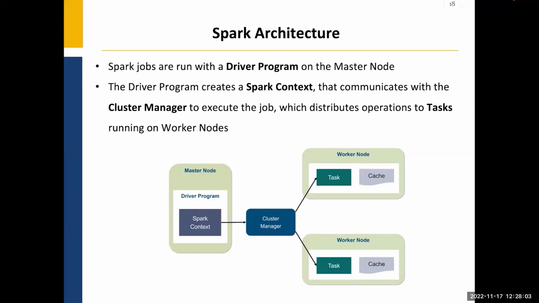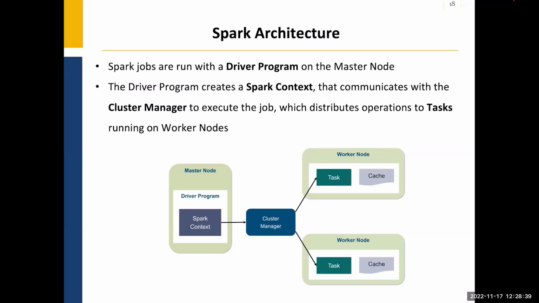So when your job is getting executed and the logic is being run line to line, there's essentially a distribution of all of those operations within your code, certain expensive operations, to all of those tasks that are running within the worker nodes. And within each task, within the worker node, it has access to its own cache as well, in order to reduce the amount of data that has to be transferred across the network.